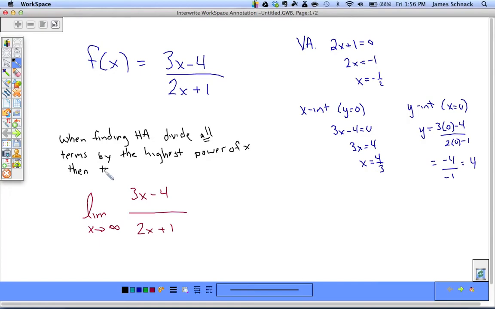Then take the limit. So what's the highest power of x here? Well, it's x to the first. So I'm going to divide all of the terms by x to the first.